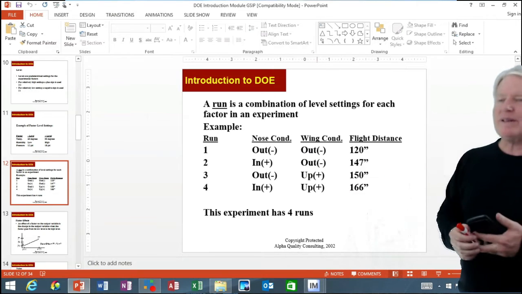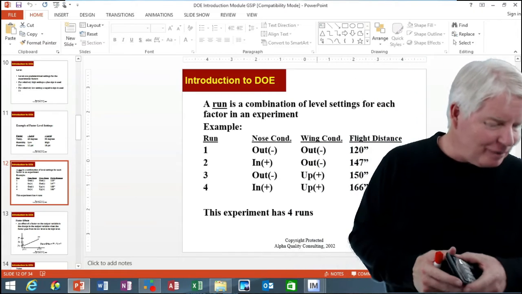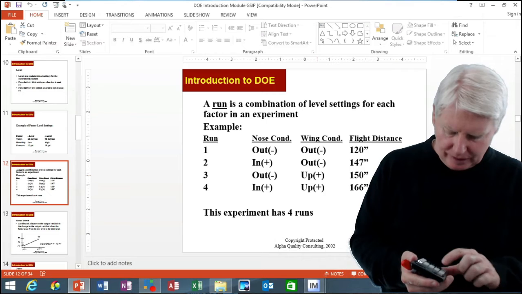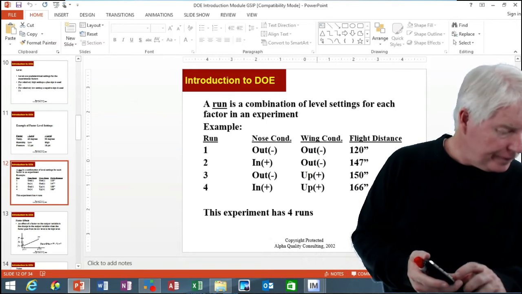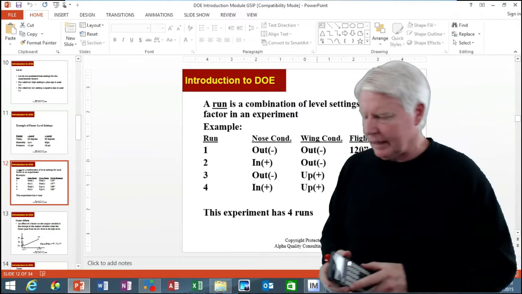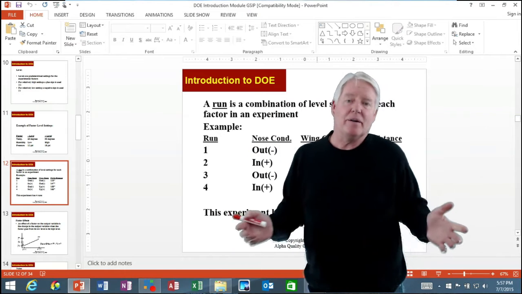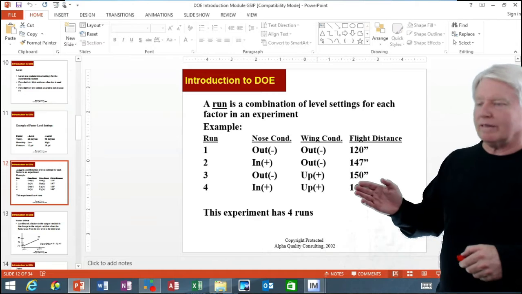And I got 150.45, which means I did something wrong on my equation. And I'm not sure what I did wrong. I'd have to go back and look at it. And I think it may be my wing condition effect was off a little bit. But that's how you know if you did something wrong. If I did everything right, it would have equaled 150.